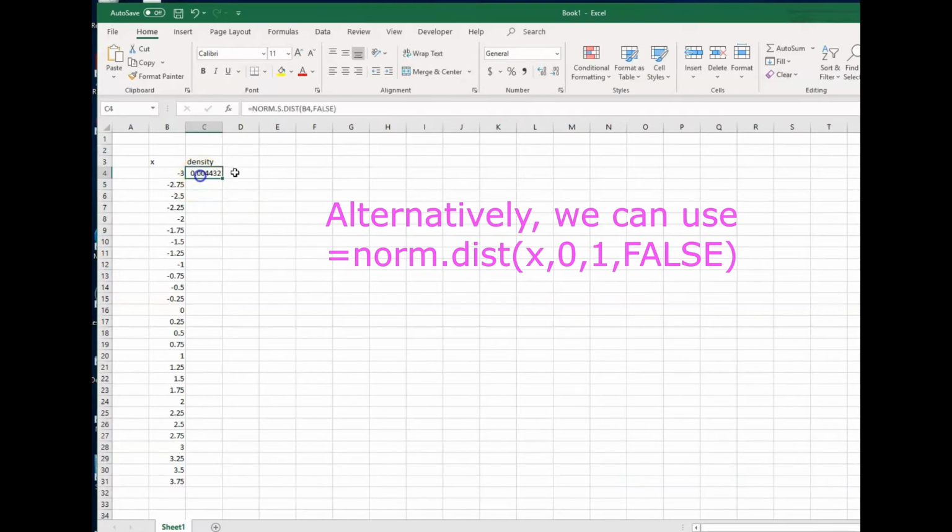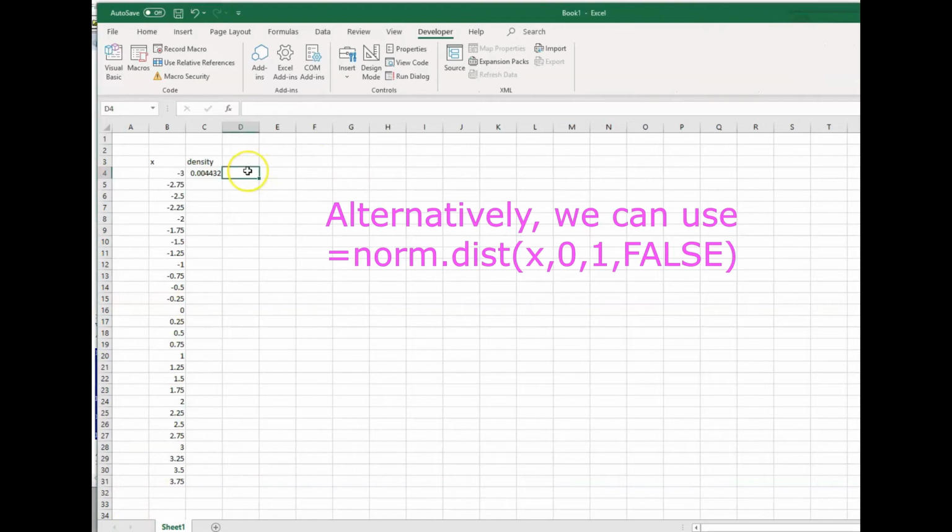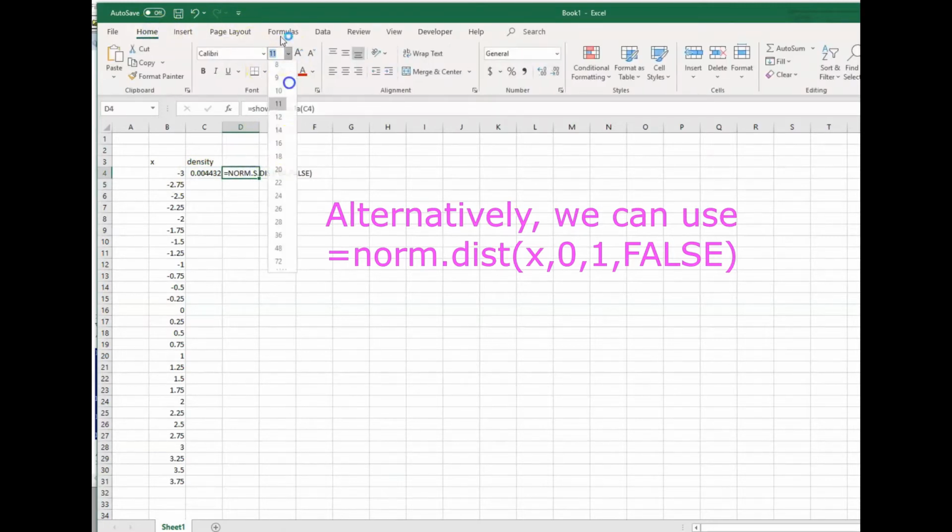And I'm going to use show formula, equal SHOWFORMULA, to show the formula of C4. Let me make it a little bit bigger.